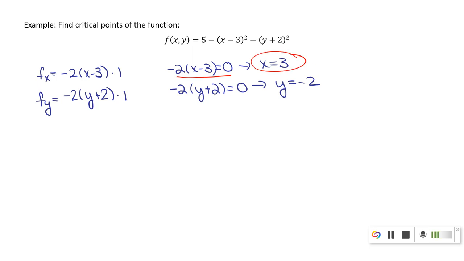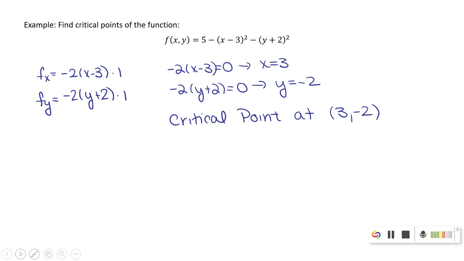I get x equal 3. If I set the f sub y equals 0, y has to equal negative 2. So there's only one place where both of those derivatives equal 0, and that would be at the point (3, negative 2). And so I'm done with the problem. That's all they're asking for. I found my critical point.